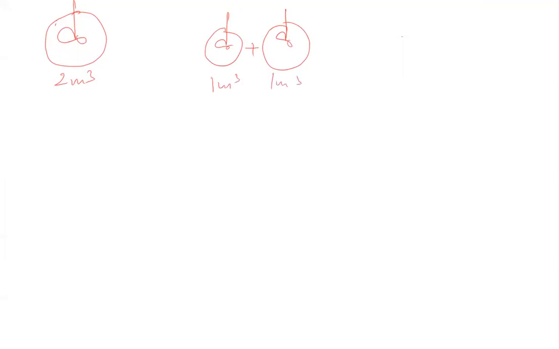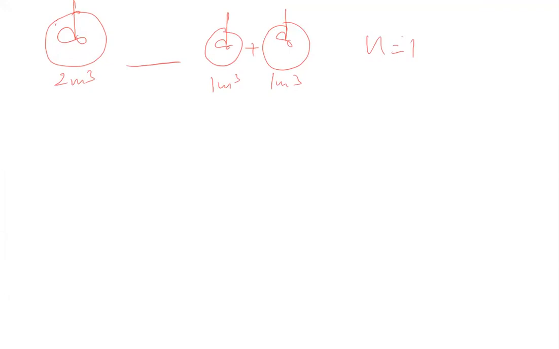If I have a 2 meter cube CSTR versus a 1 meter cube CSTR, just the conversion here. For n equal to 1, which one will be higher? Is it for 2 CSTRs in series or 1 CSTR?